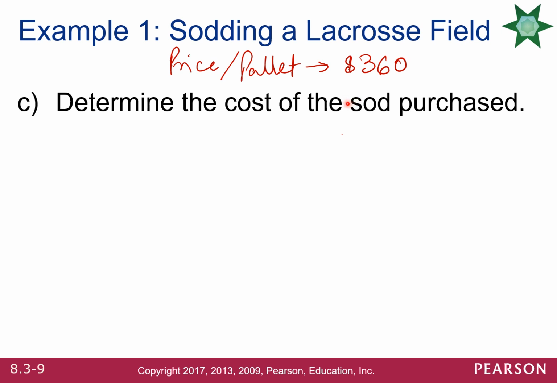We found from the previous part of the question that he needed 171 pallets to cover the area he wants to sod. So if each pallet costs 360, then 171 pallets would cost 360 multiplied by 171.